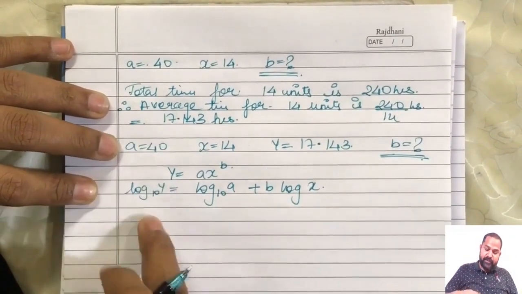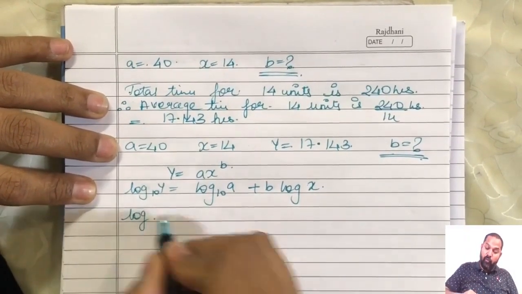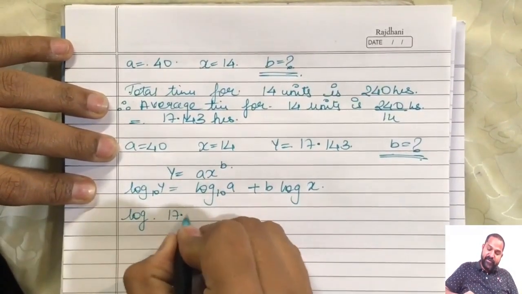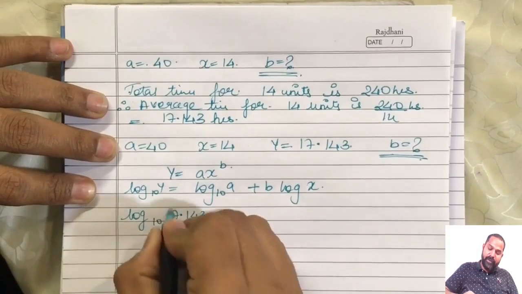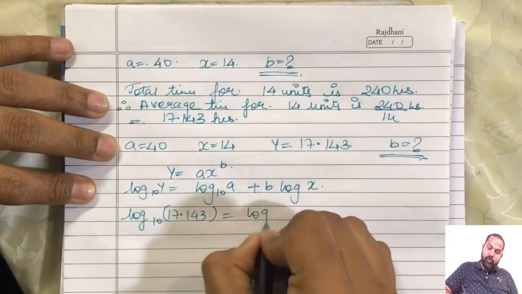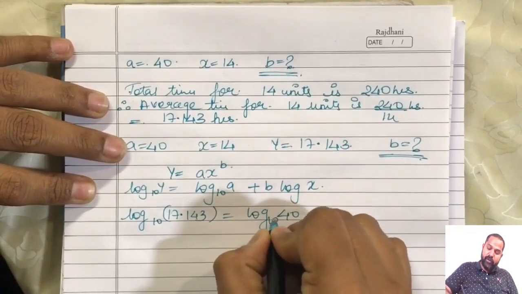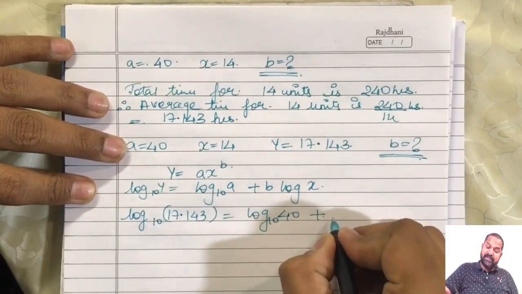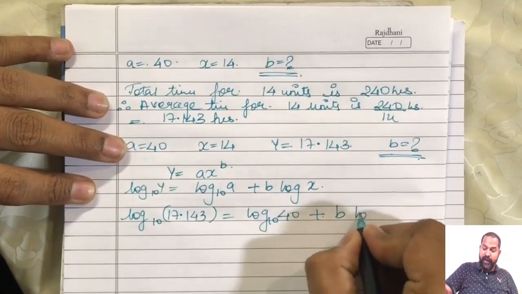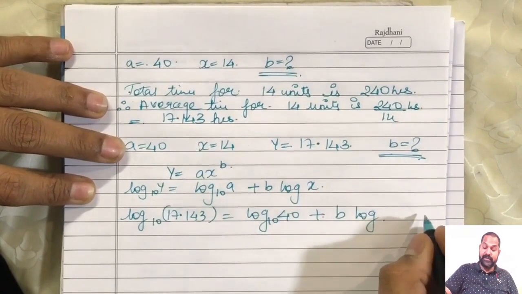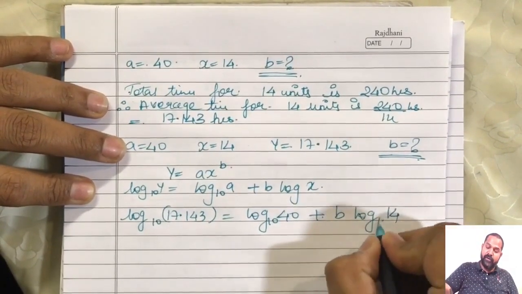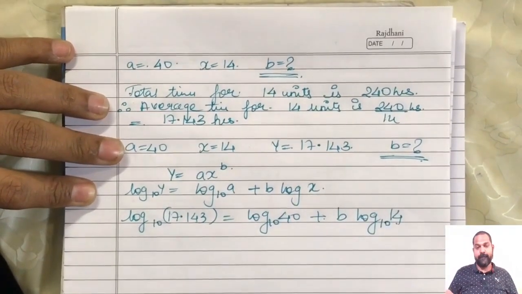Now substituting: log of 17.143 to the base 10 is equal to log of 40 to the base 10, plus B, which I have to find, times log of 14 to the base 10.